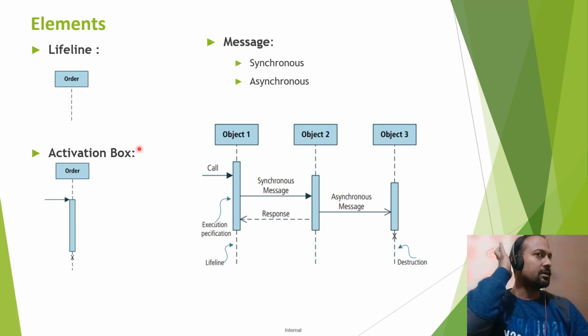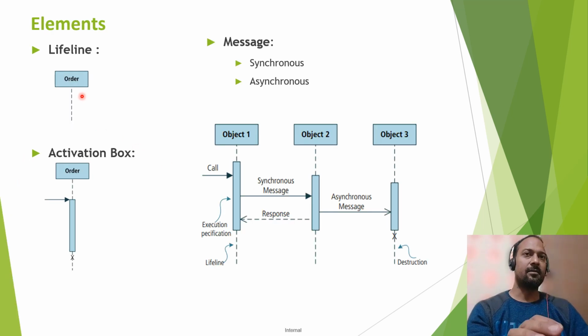So what are the elements of the sequence diagram? Well, the first one is the lifeline. You can see here the rectangle, which is definitely the start, and the vertical dashed line represents the lifeline. And then we have the activation box.